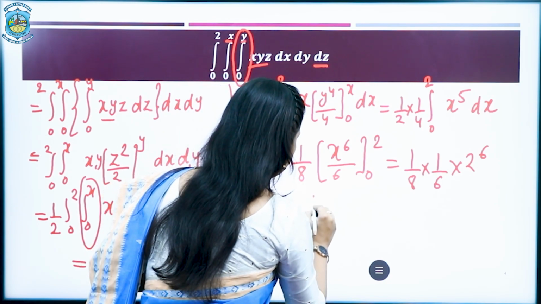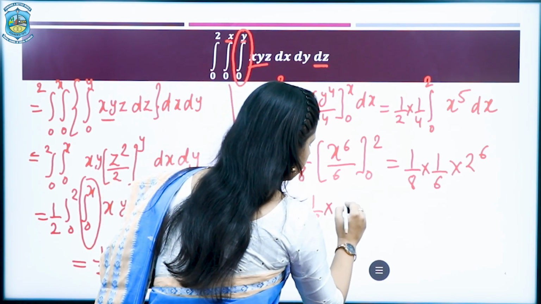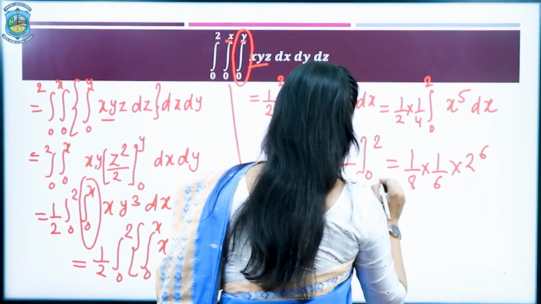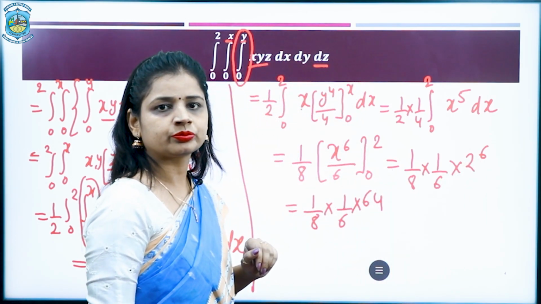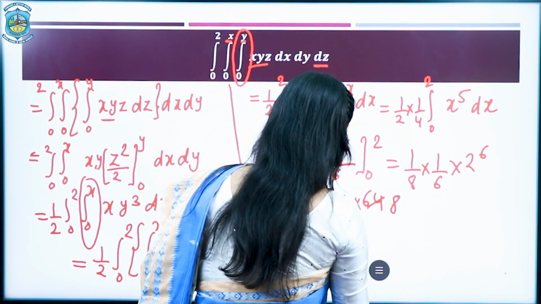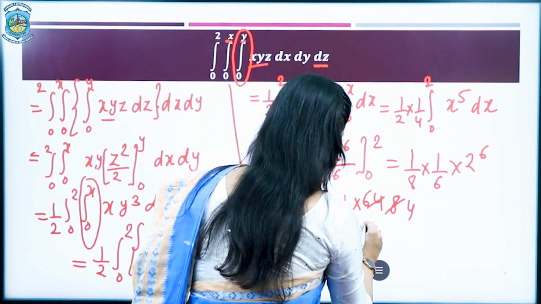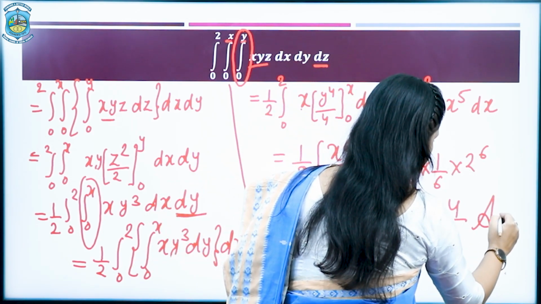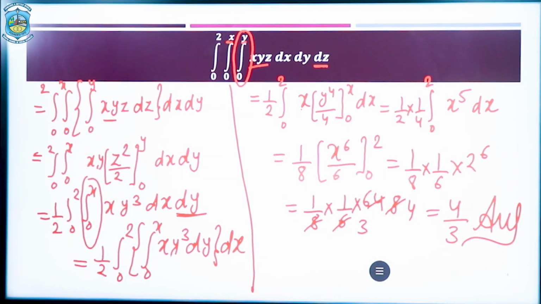So, this would be 1 by 8 into 1 by 6, 2 to the power 6 is 64. Now, just solve it. 8 8s are 64, 2 4s are 8. So, this would be 4 by 3. That is our answer.